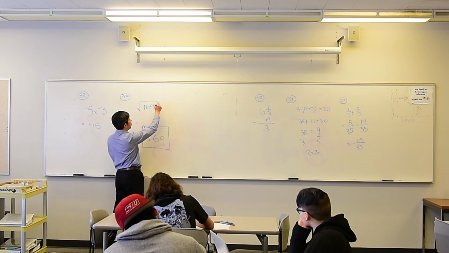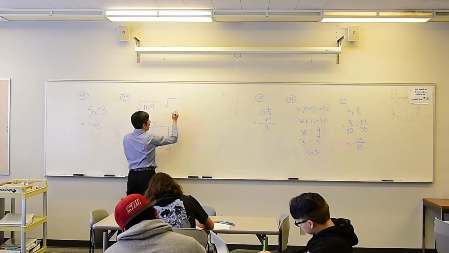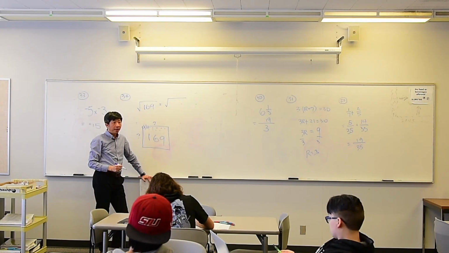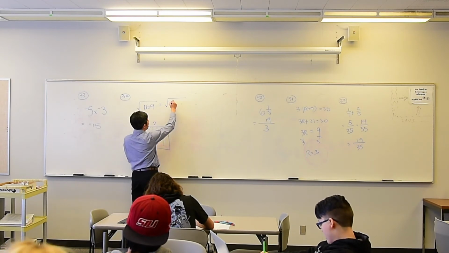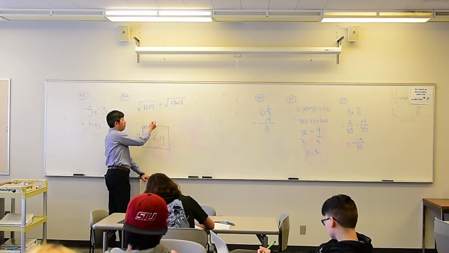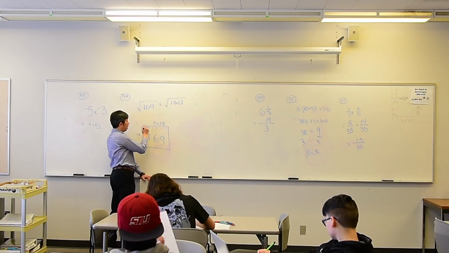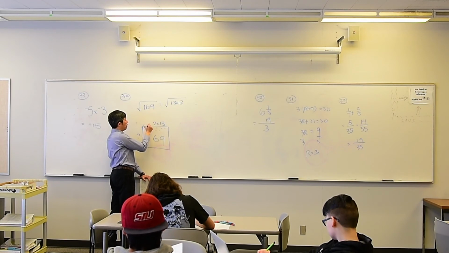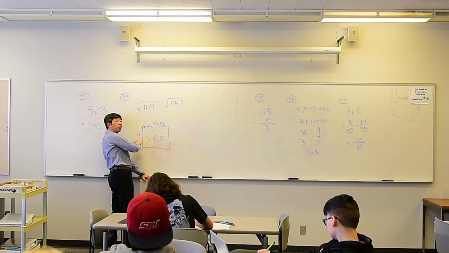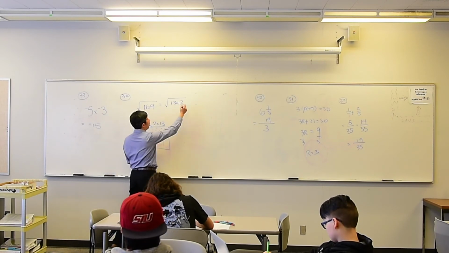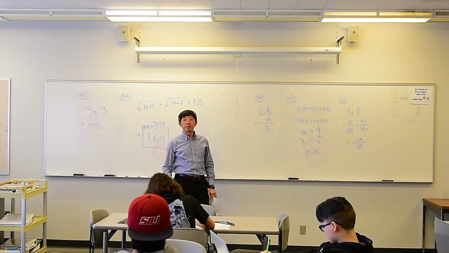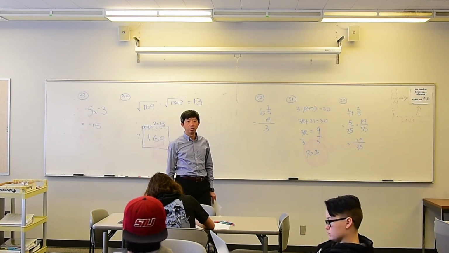So that's why we break 169 down as 13 times 13. That means this question mark is 13. We have 13 units for this, and the other side is 13. So therefore, it is 13. Are you clear? That's why we say square root.